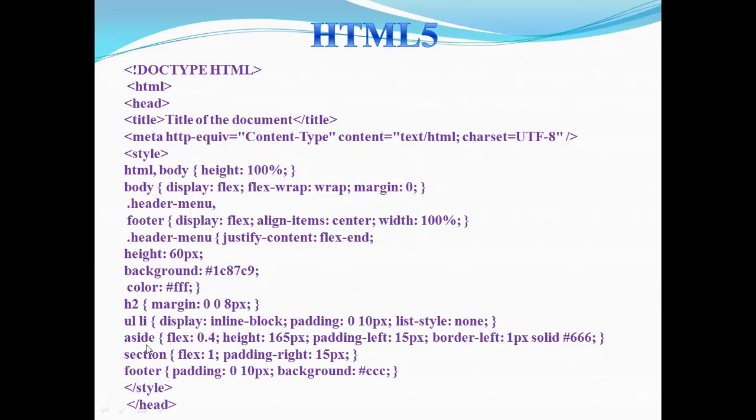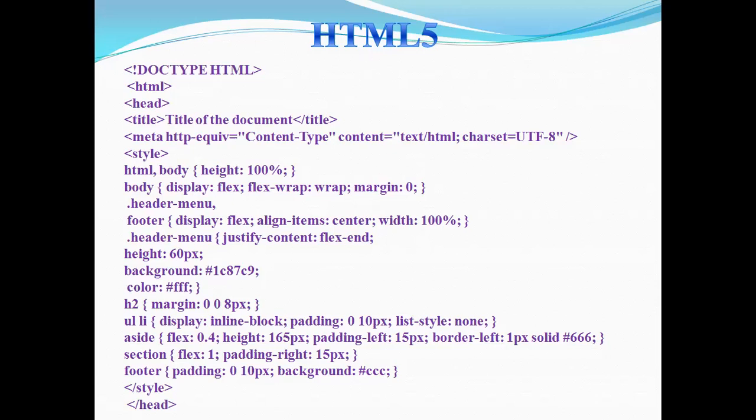In a similar way, for aside, you have to use the flex length and the height, so that you can draw the line between the two sides. One side we represent as section, and the other side we represent as the side window.